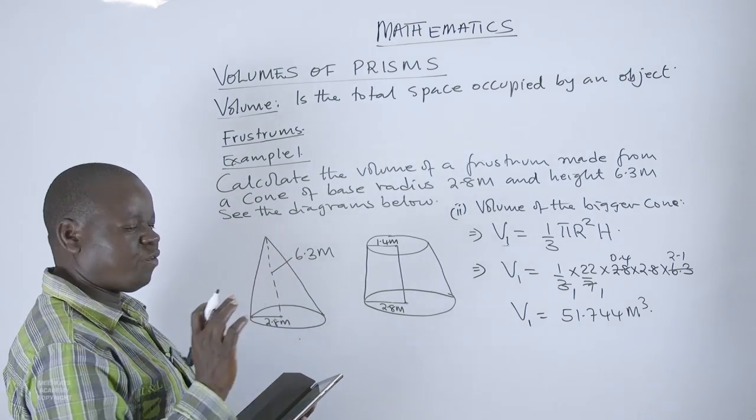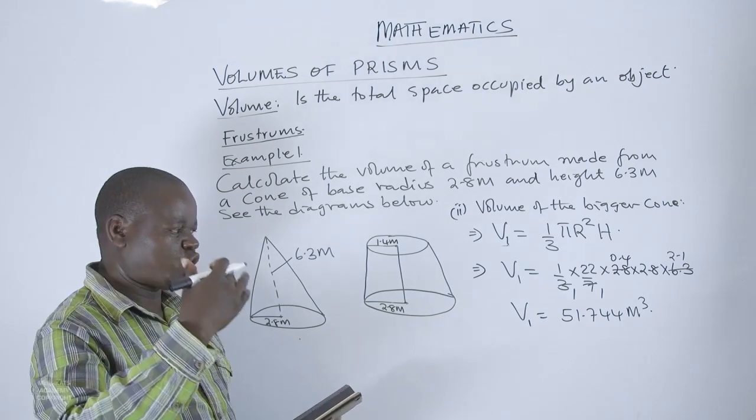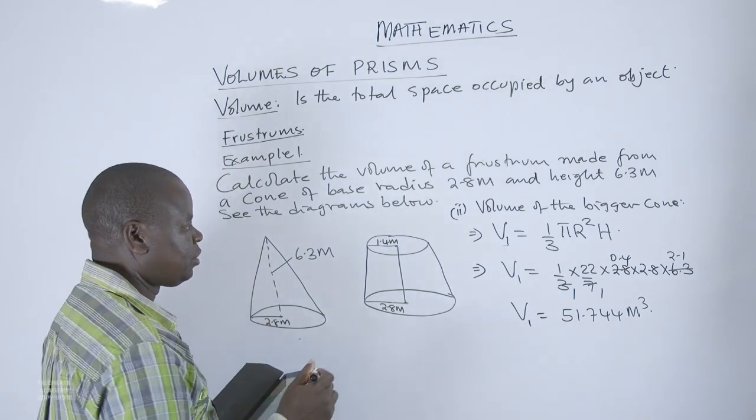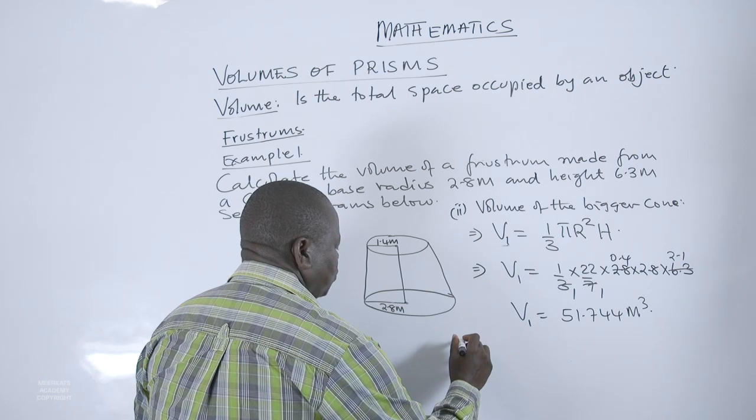Now let's get the volume of the cone that was chopped from the bigger cone, and we call it volume of the smaller cone.